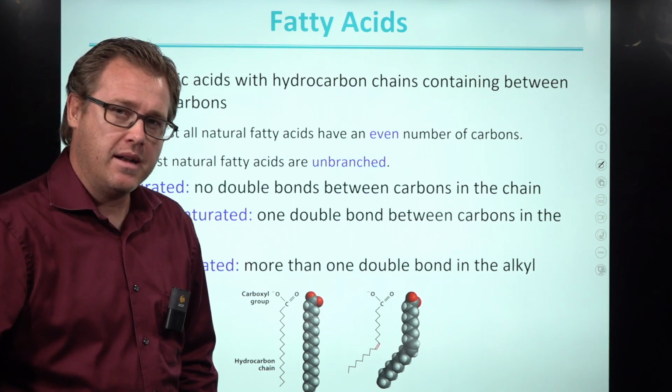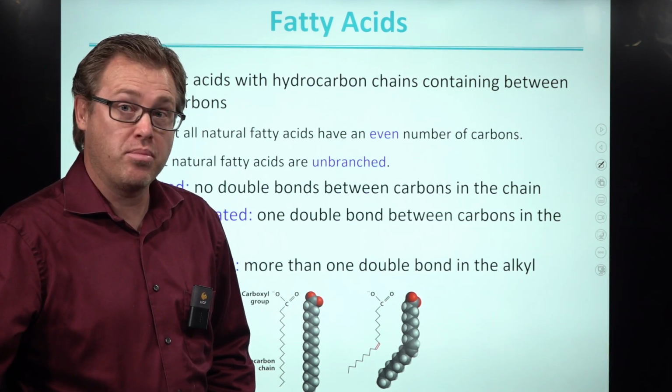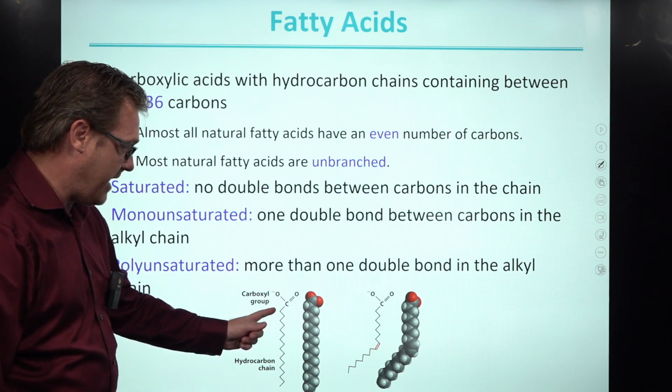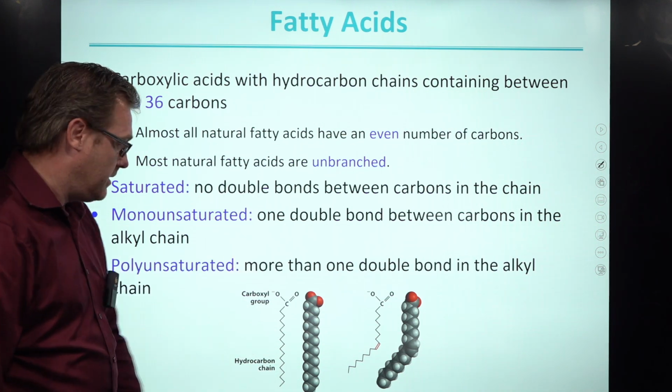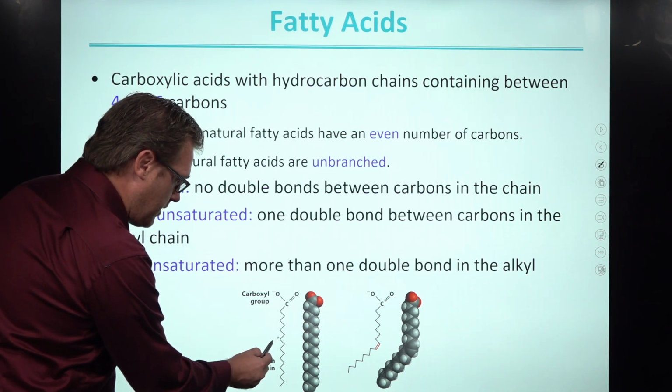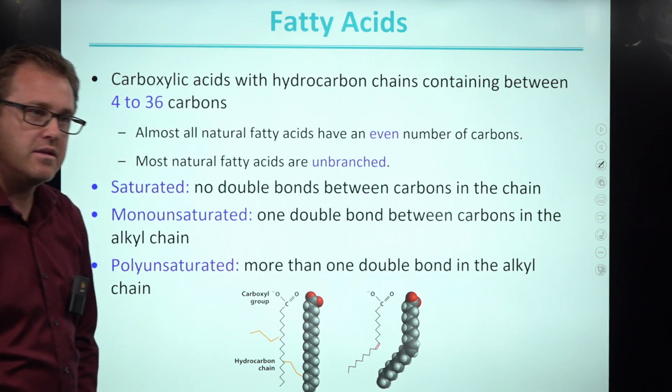And then a lot of these fatty acids that we're going to look at, they're not branched. You can see this fatty acid chain is just straight. There's no branches of carbons coming off of it like that. No branches.